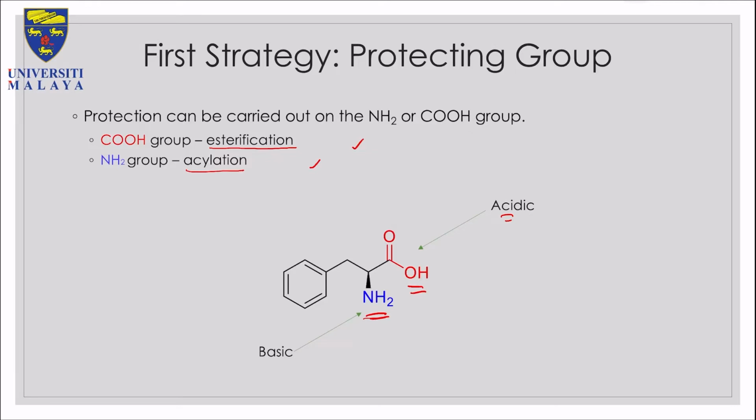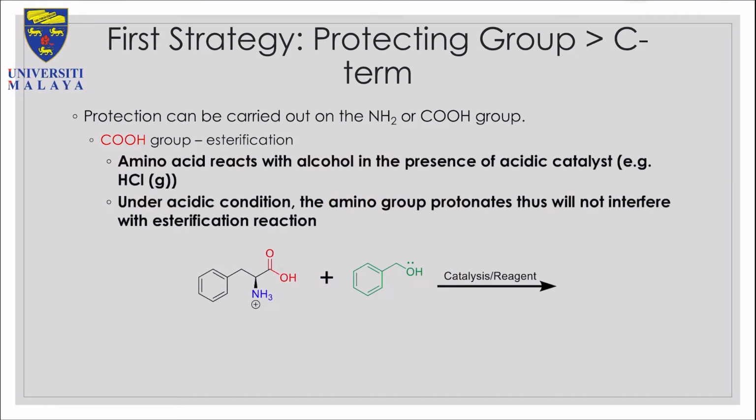And of course, this is what researchers have been doing, looking into simple chemistries to promote addition or removal of protecting groups. So amino acid reacts with alcohol in the presence of an acidic catalyst. Simple enough. That's the basic reaction of esterification. Under acidic condition, the amino group protonates, thus will not interfere with the esterification reaction.